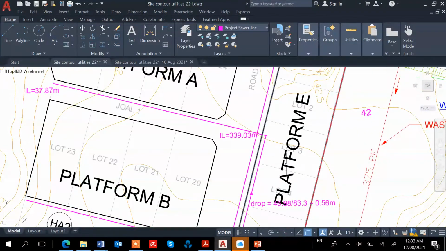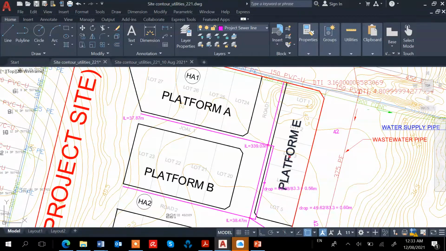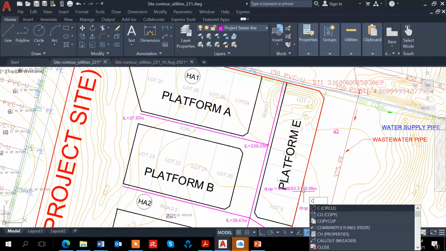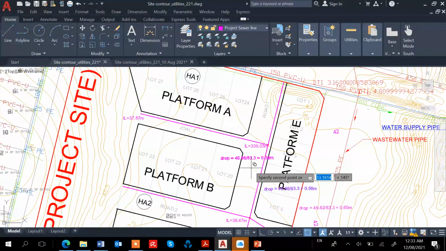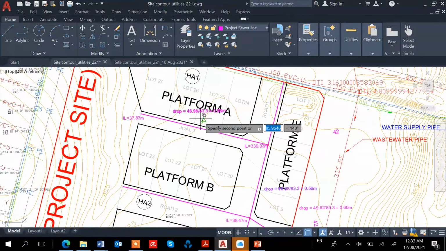After this, I want to find out the drop for the final point, from this point here to the end. We need to find the distance, and then divide by the horizontal slope, then we can find the drop.